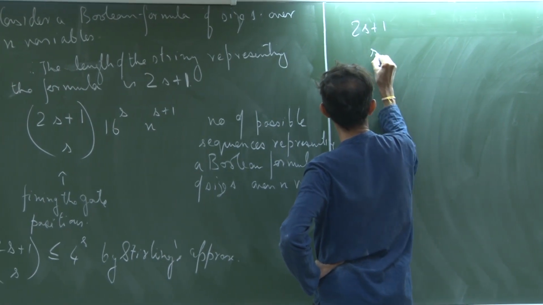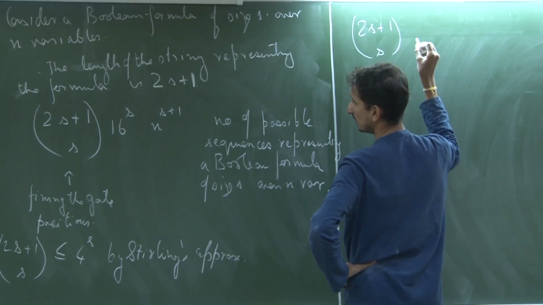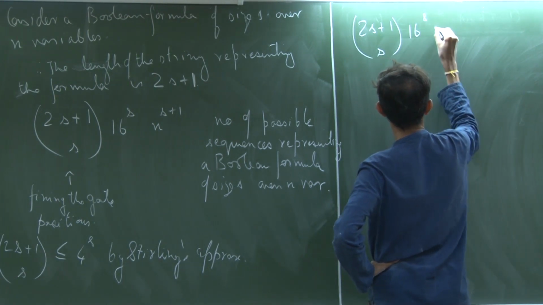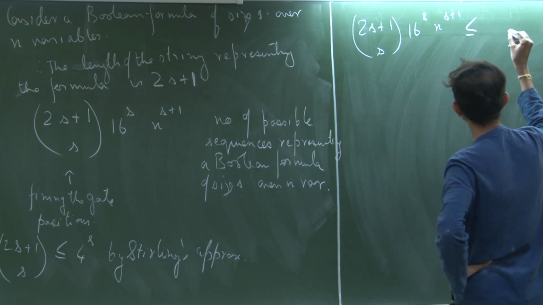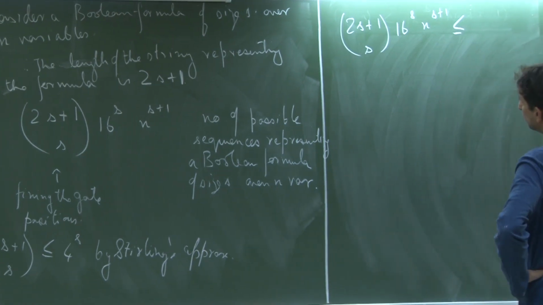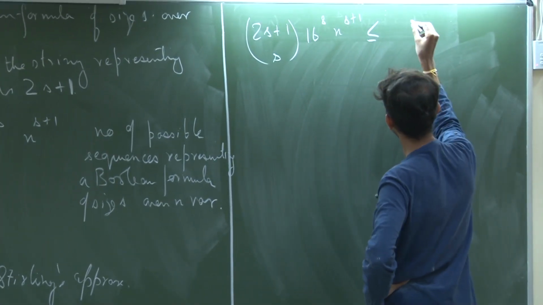Okay. So, now what we have is 2s plus 1 choose s times 16 to the power s, n to the power s plus 1, is at most, 4 into 16 is 64.